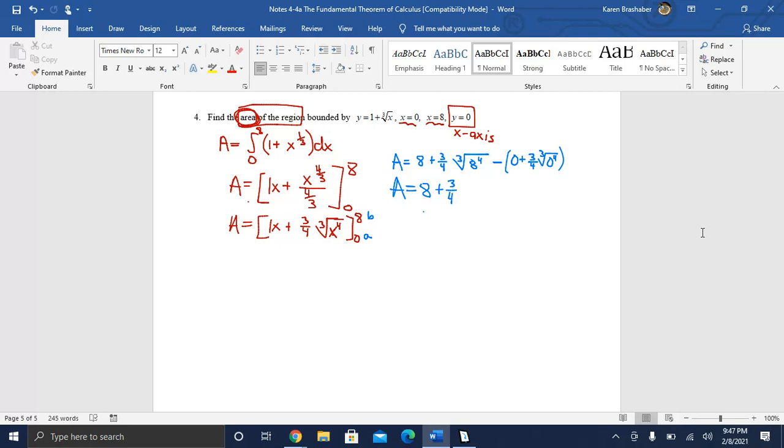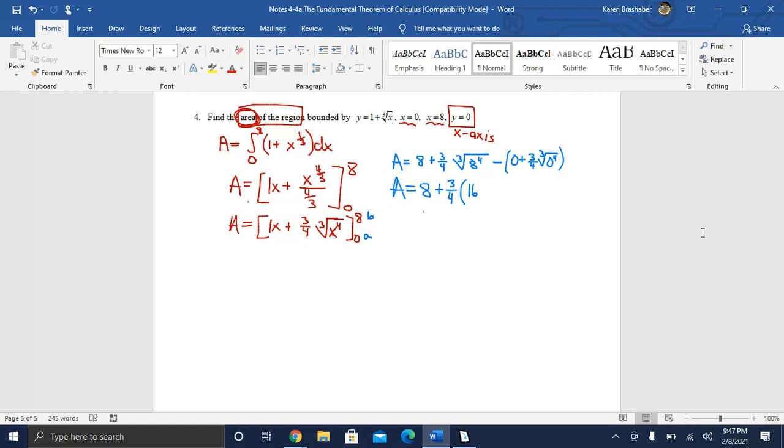Now, in case you didn't know it, you can do either 8 to the 4th first and then do the third root, or you could do the third root of 8, which is much easier. The third root of 8 is 2, and then do 2 to the 4th power. And then you don't even need a calculator. So the third root of 8 is 2, and 2 to the 4th is 16.